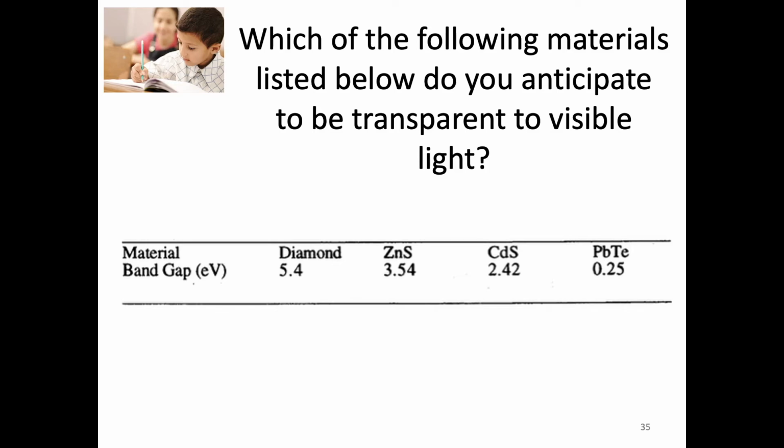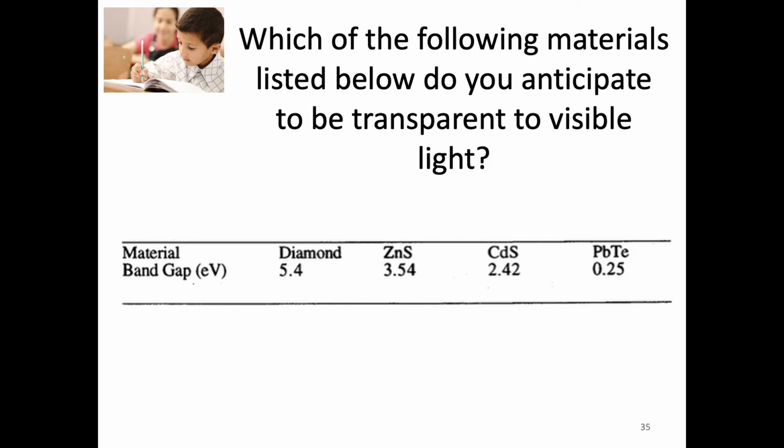If the band gap is higher than that, and these two, zinc sulfide and diamond, have a band gap larger than 3 eV, that means light with 3 eV of energy can't do anything to that material. If you think about it from electrons, there's no way we could promote an electron from one area to the other. So effectively, it doesn't interact with those two materials.